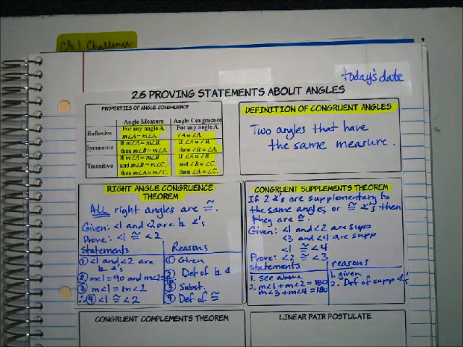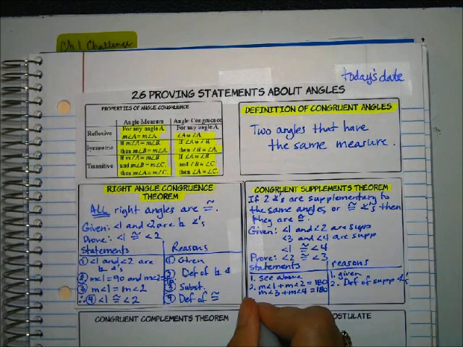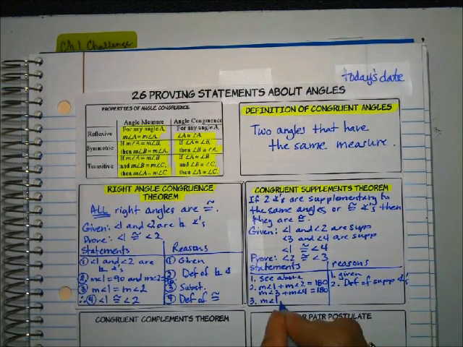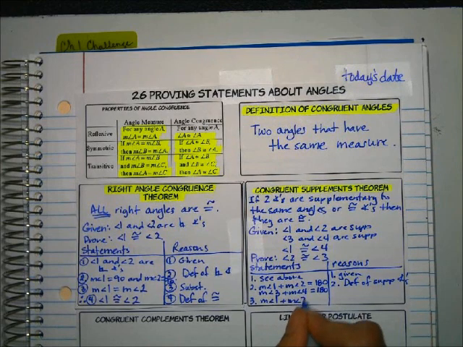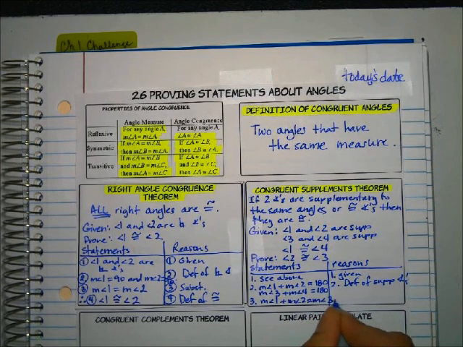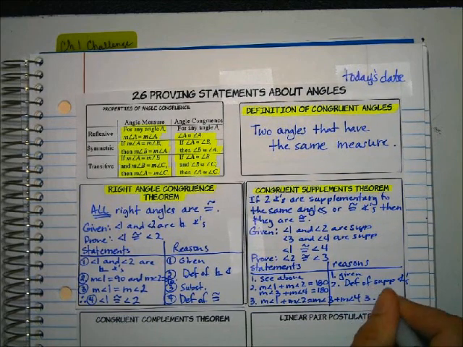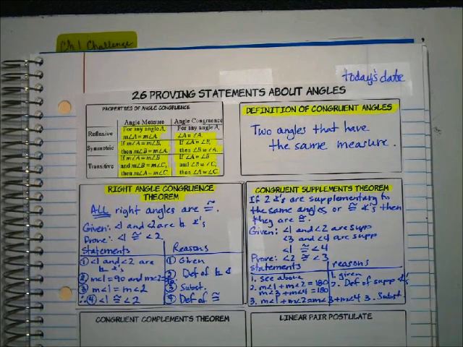Now since they both equal 180, then they must equal each other. Number 3. The measure of angle 1 plus the measure of angle 2 equals the measure of angle 3 plus the measure of angle 4. Alright, that's just a little bit of substitution. So easy enough right there.